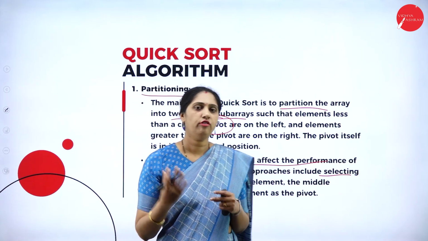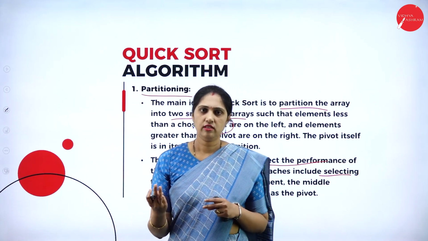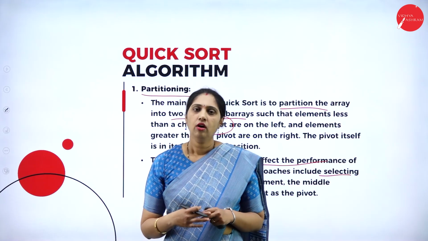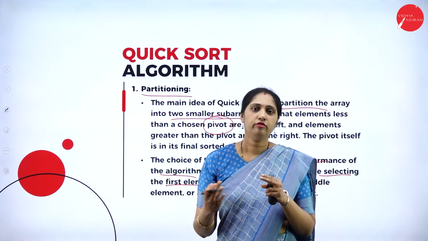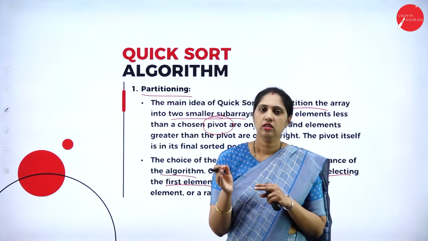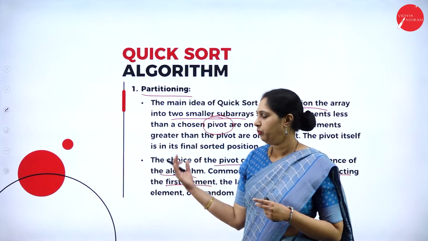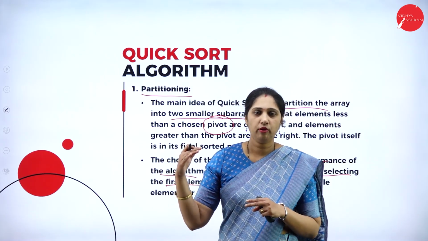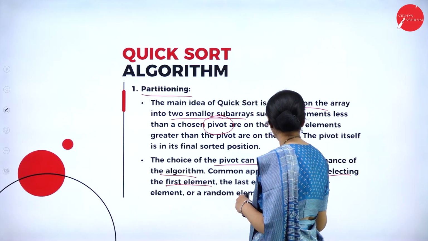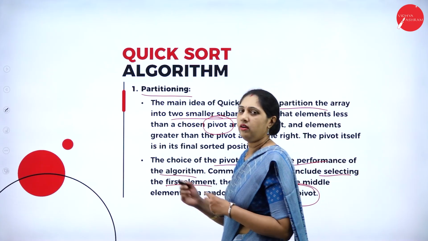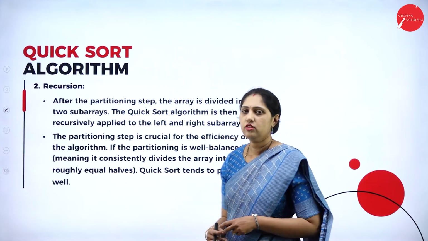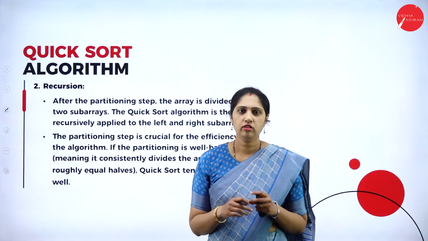Say if there are 5 elements, and 10 is the first element, 10 can be the pivot. Or sometimes in the middle of the program, the pivot can change. It may be the middle, say 30. And if I reach the last step, the pivot will be the last, or any random element also. So partition is done and my pivot is fixed.